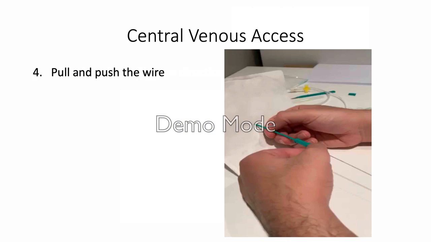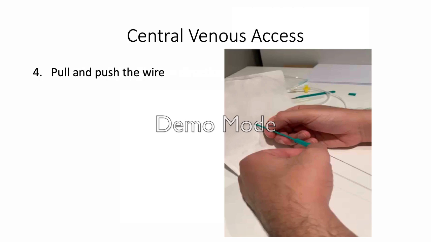The fourth one, the pull and push of the guide wire. When you insert your dilator inside the skin, make sure you are pulling the guide wire back and forth every time you are inserting the dilator in.